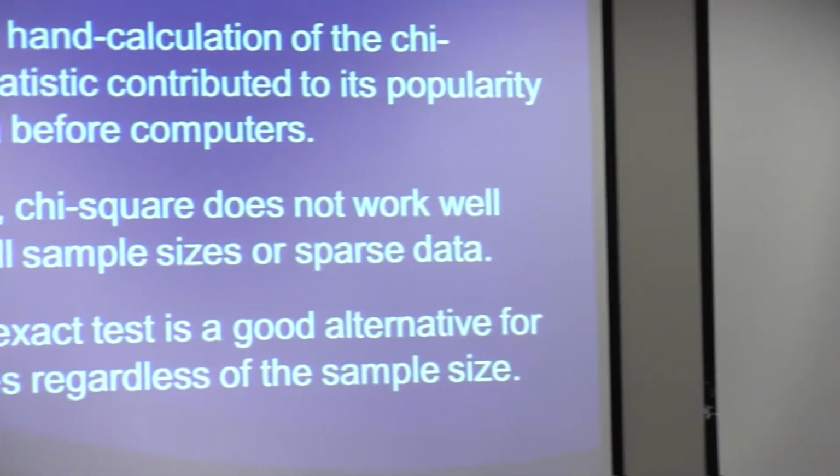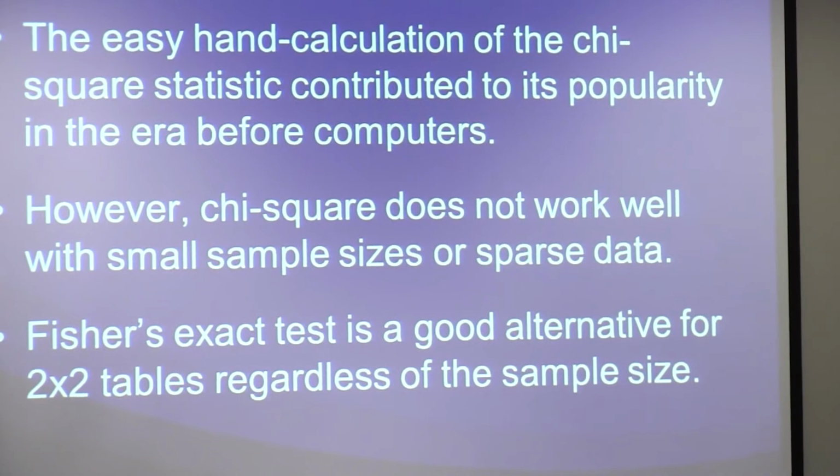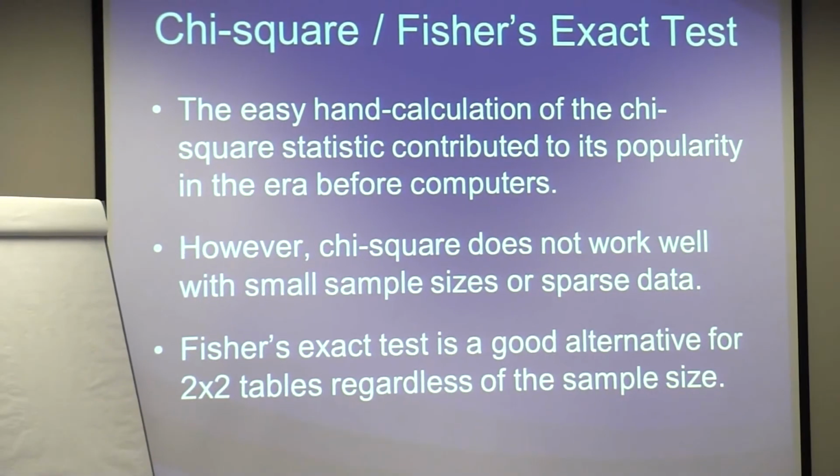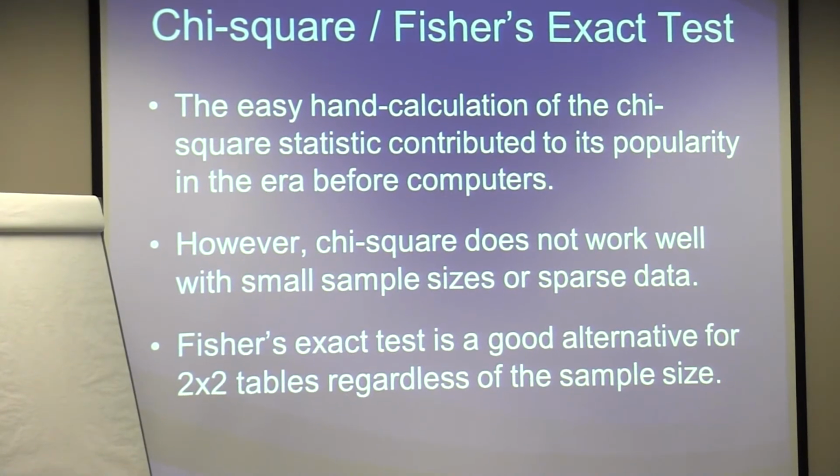But chi-square is extremely easy to do by hand. It's one of the easiest tests to calculate, and the calculations are fairly straightforward. So it became very popular before we had computers to help us out.